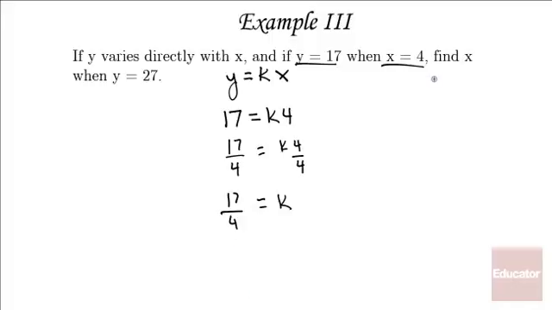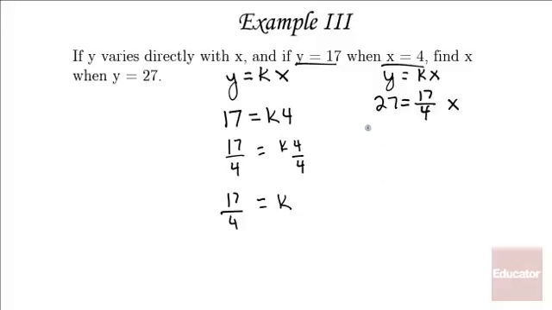Now, I next need to find x when y equals 27, and I now know k. So working right here, y equals kx when y is 27. Given that I know that k is 17 divided by 4, I can solve for x.